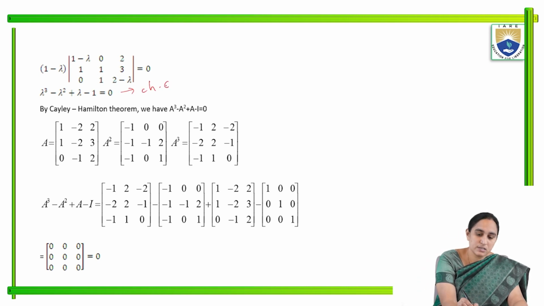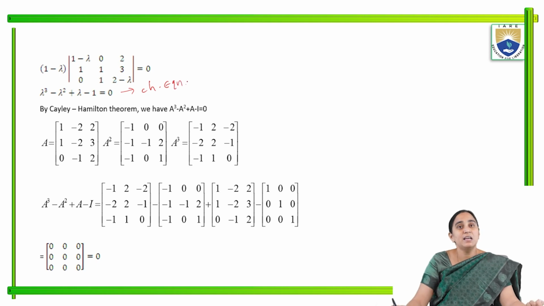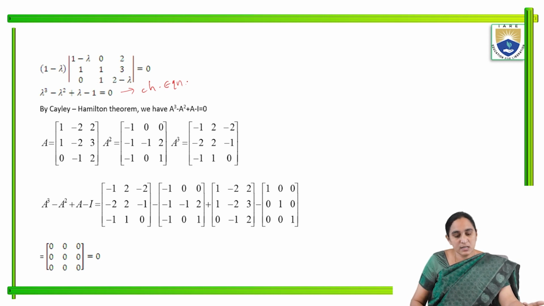This is the characteristic equation. The Cayley-Hamilton theorem states that every square matrix satisfies its own characteristic equation. What they are asking in the question is to show that the matrix satisfies its characteristic equation. That means, indirectly, they are asking whether the given matrix satisfies the Cayley-Hamilton theorem or not.